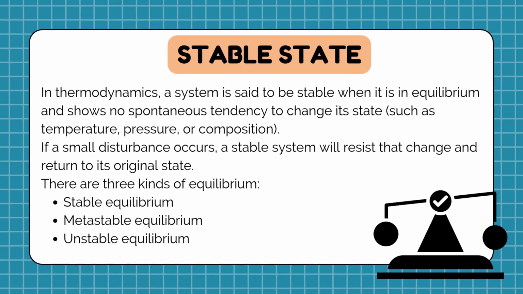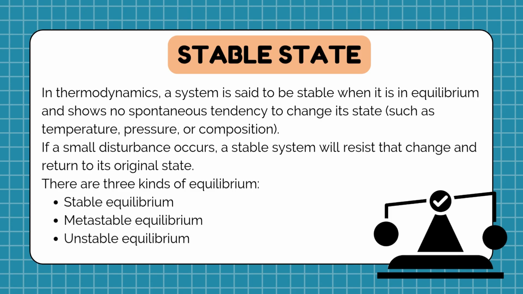In thermodynamics, a system is said to be stable only when it's in equilibrium and shows no spontaneous tendency to change its state, whether it's temperature, pressure or composition. If a small disturbance does occur, a stable state will resist that change and return to its original condition. Now, based on how a system responds to such disturbances, we classify equilibrium into three types. First, we have the stable equilibrium, where the system returns to its original state after a disturbance almost immediately.